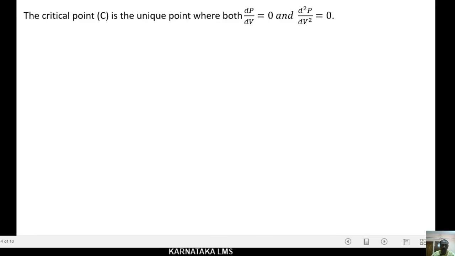Let us see the expressions. We know that the critical point is the unique point where both dp by dv equals 0 and d square p by dv square equals 0. This is the unique point condition at the critical point.